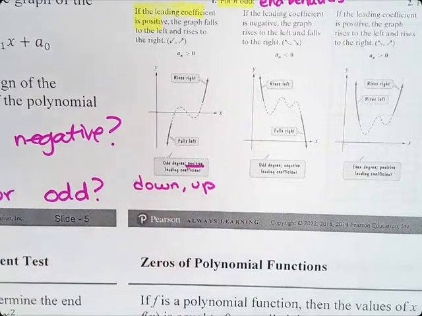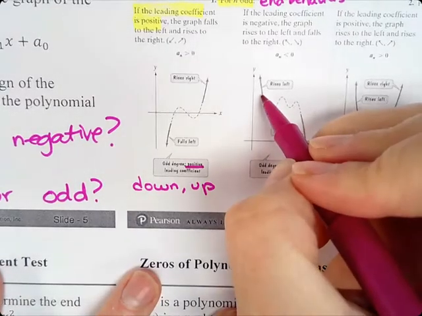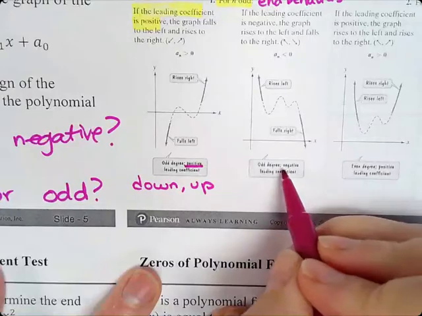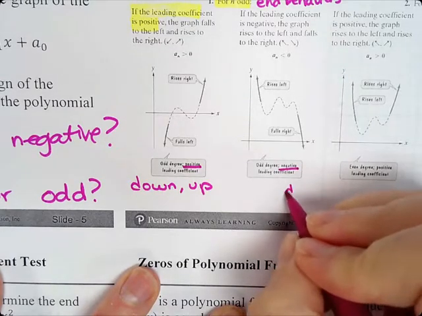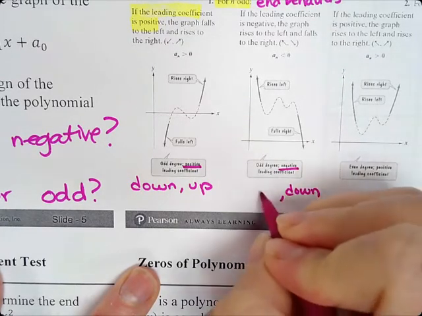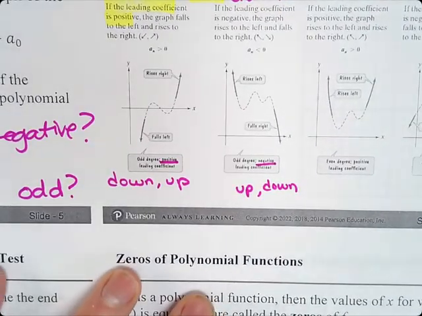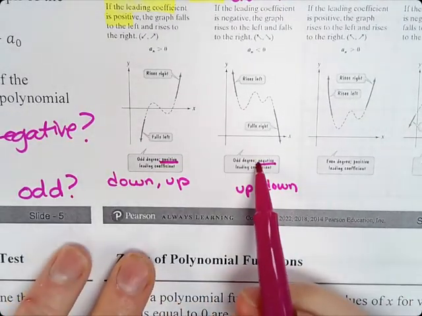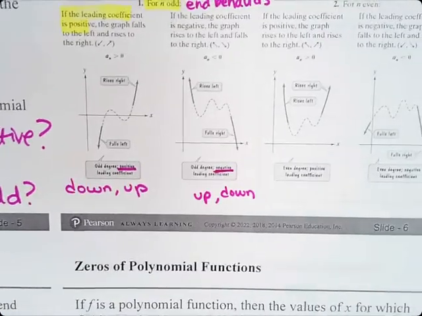If it's odd, they're going to be different, but you look at if that leading coefficient is positive, it's going to go in a positive direction in the end on the right. So this one, it's saying the leading coefficient is negative. So it is going to go to the right in a negative direction. And we know that they're opposite, so up, down. How it ends is the direction that our leading coefficient would go in.